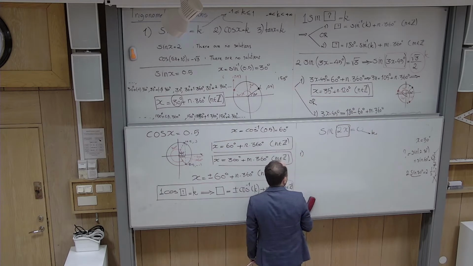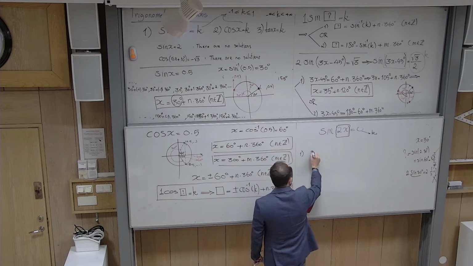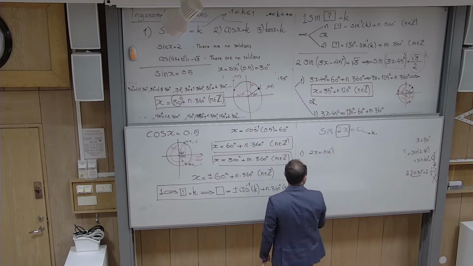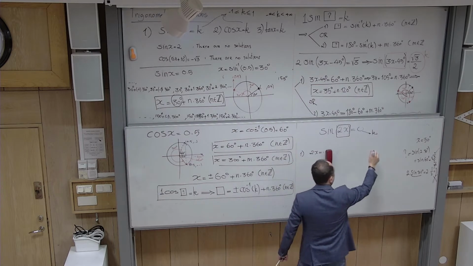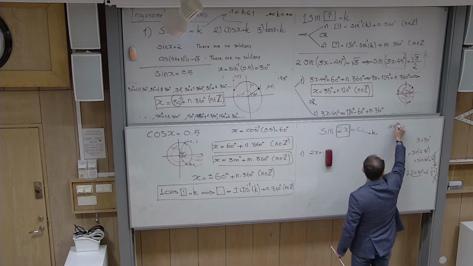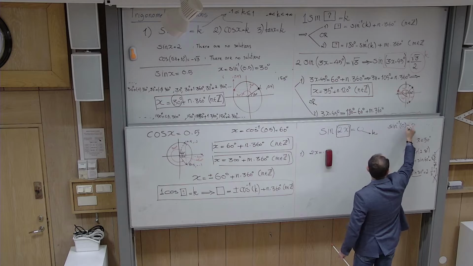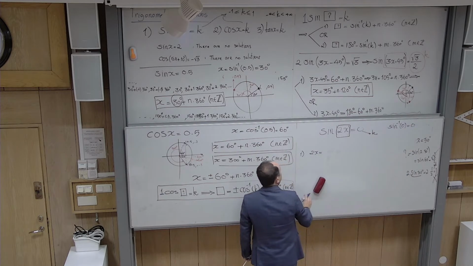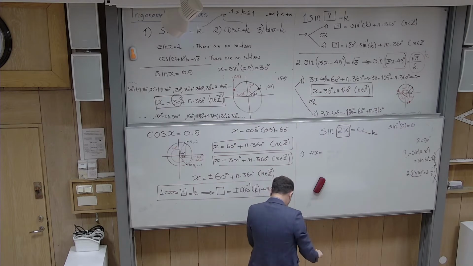I would write the first option. The box, which is 2x, is equal to sine inverse of 0. By the way, if you don't mind, let me calculate sine inverse of k, of 0 here. Sine inverse of 0 is also 0.